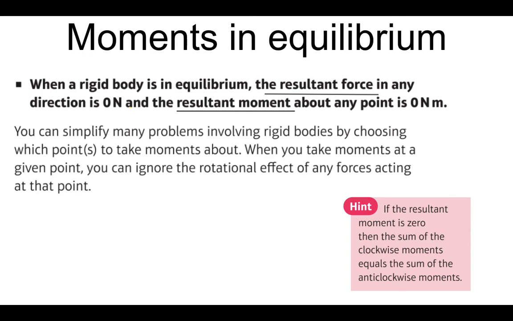When you are taking moments at a given point, you can ignore the rotational effect of any forces acting at that particular point. Another little hint: if the resultant moment is 0, then the sum of the clockwise equals the sum of the anti-clockwise, because clockwise subtract anti-clockwise would equal 0, so it would make them both equal.